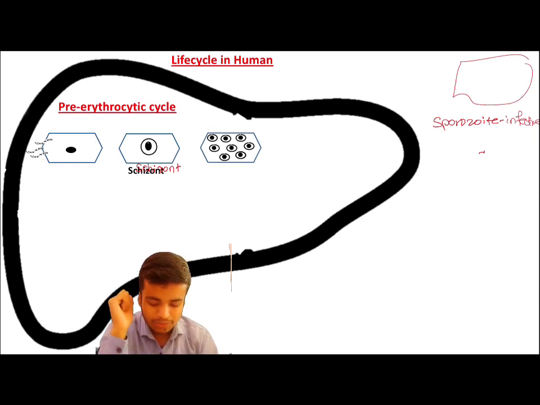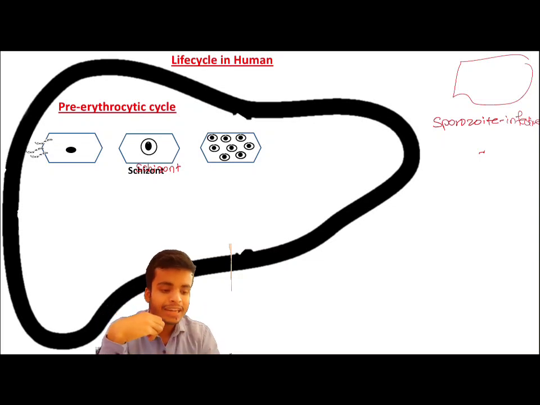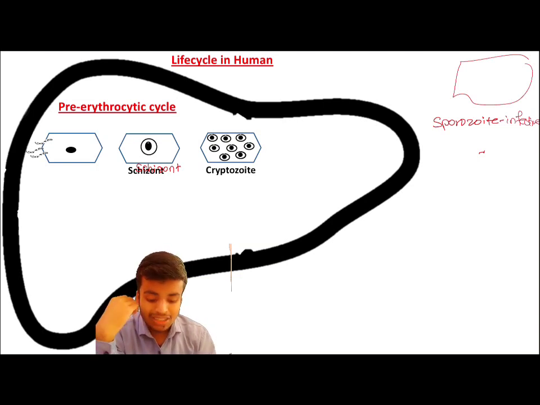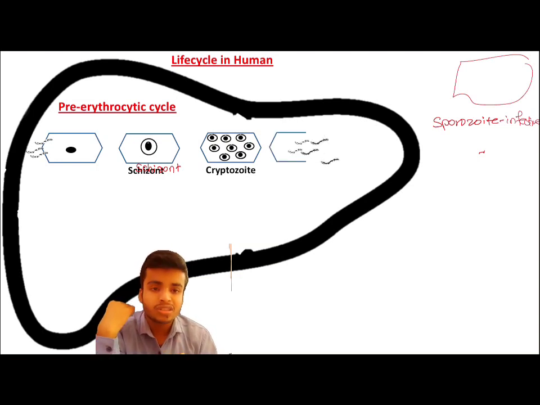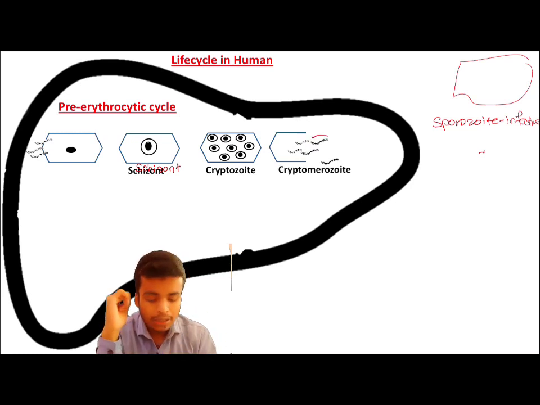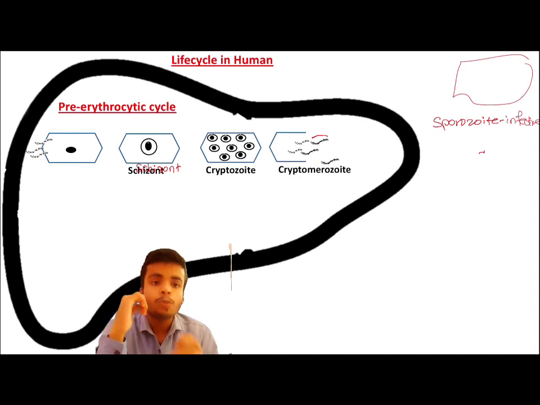The schizont now divides by multiple binary fissions to give lots and lots of cryptozoites. Now those cryptozoites are released out of the liver cell as cryptomerozoites.